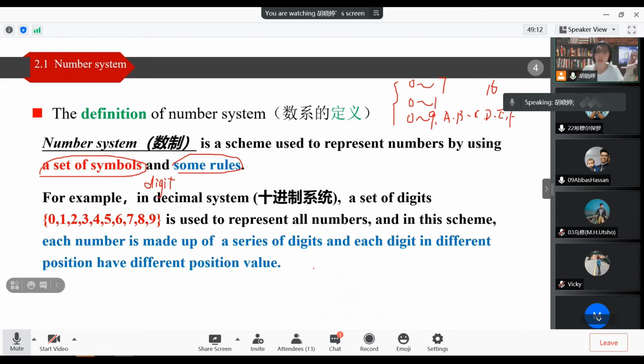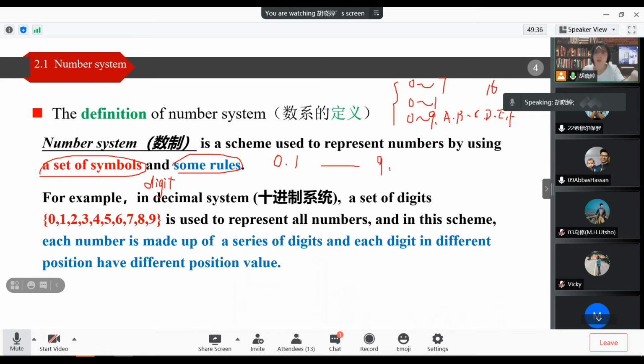You need to generate a carry for the high bit. If a number is less than 9, we can use a single digit to represent it, 0, 1 to 9.